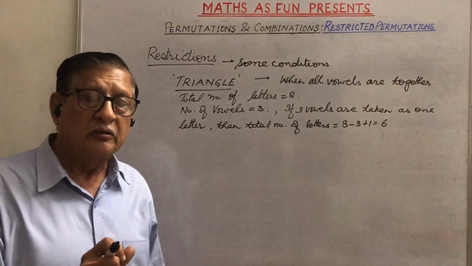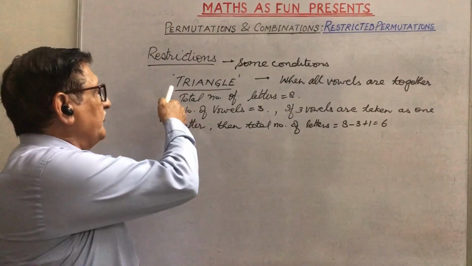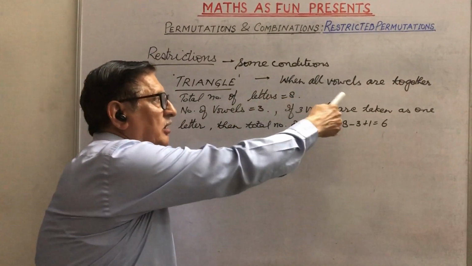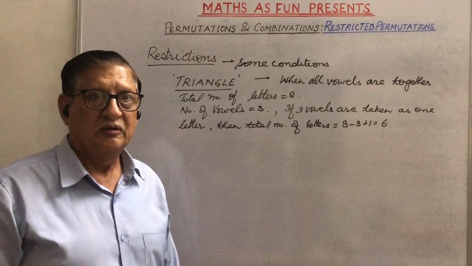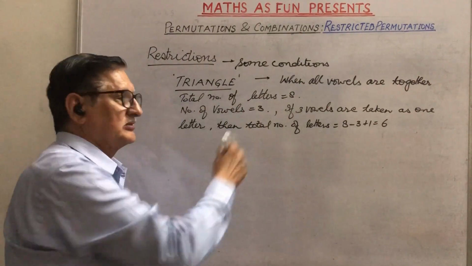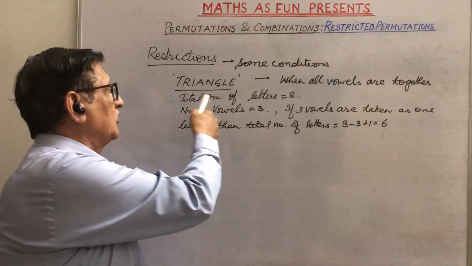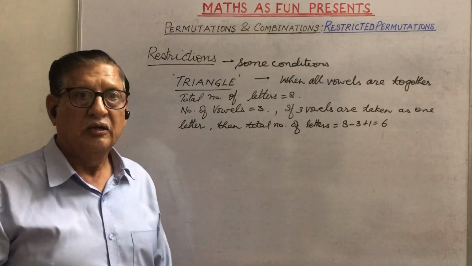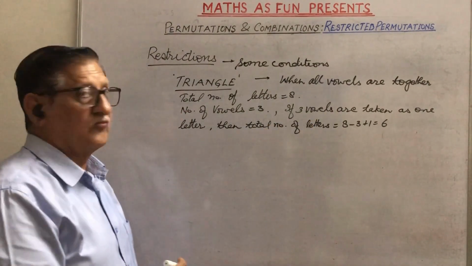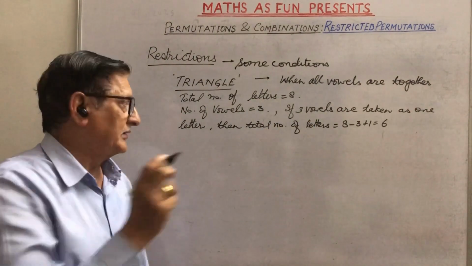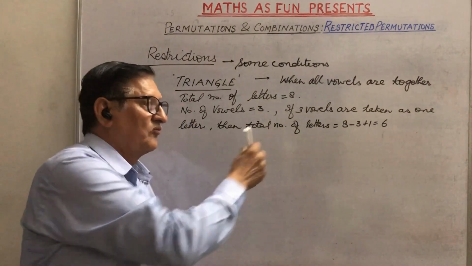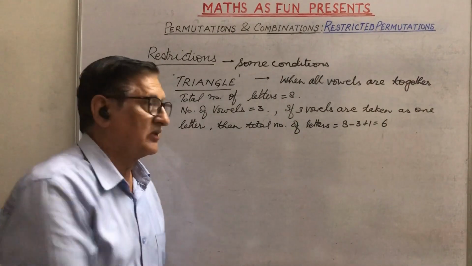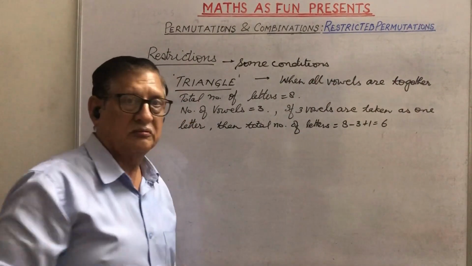For example, here we can consider the same word TRIANGLE, and now we have to make the words in which the vowels are together. We know the total number of letters is 8, and the number of vowels is 3, that is I, A and E. If all the 3 vowels are taken as one letter, then the total number of letters will be 8 minus 3 plus 1 equals 6, that is n minus m plus 1.